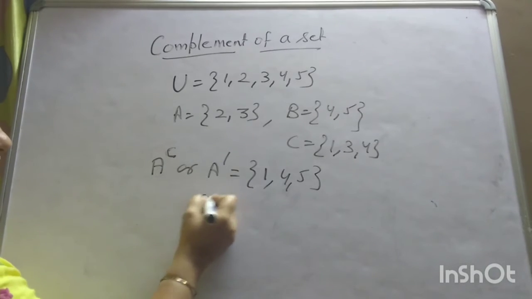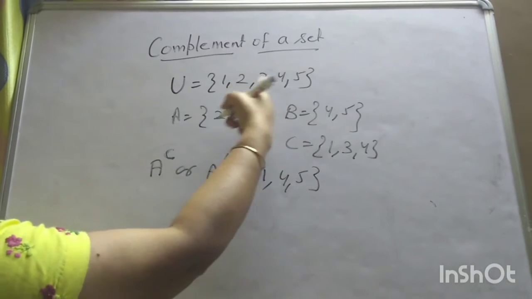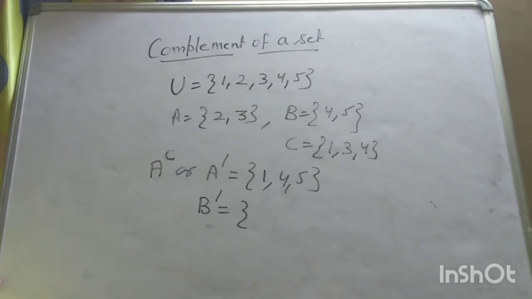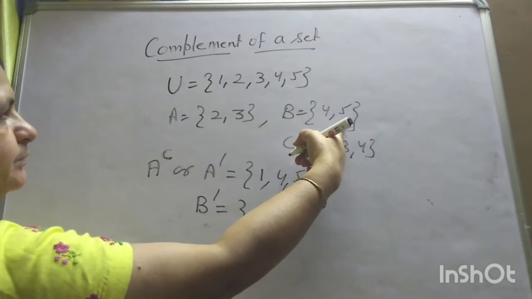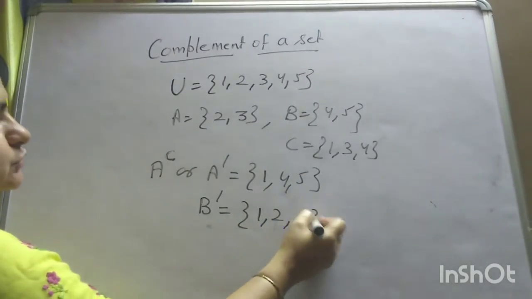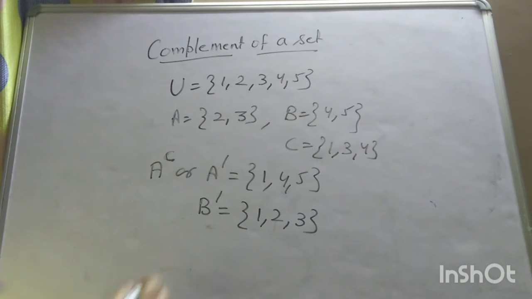Now what is B complement? Again we have to write the elements of universal set, but we have to leave the elements of set B. So leave 4, 5, we can write 1, 2, 3. So B complement is {1, 2, 3}.